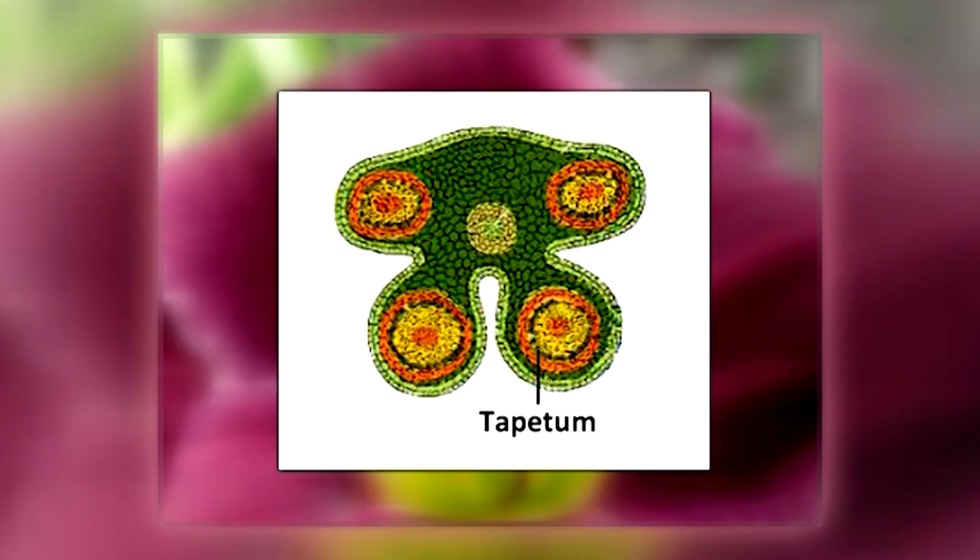Tapetum is present in the form of a homogeneous layer which completely surrounds the sporogenous tissue. In some taxa, however, a dimorphic tapetum is present.